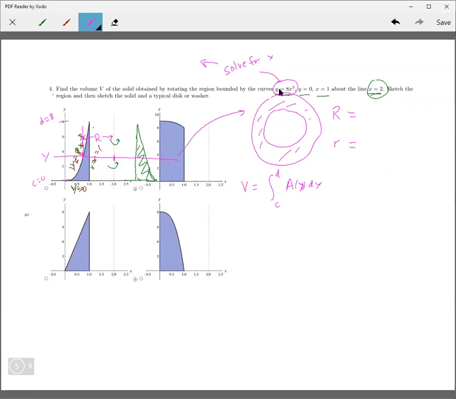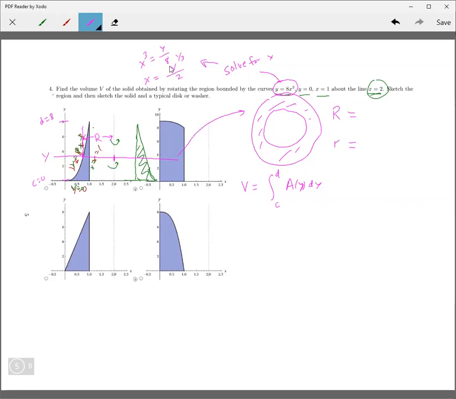So what you need to do is take this and solve for x. So you have x cubed equals y over 8. That's taking this 8 over to the side, so x cubed is y over 8. Then take the cube root of both sides, and you get y to the 1/3 over 2.